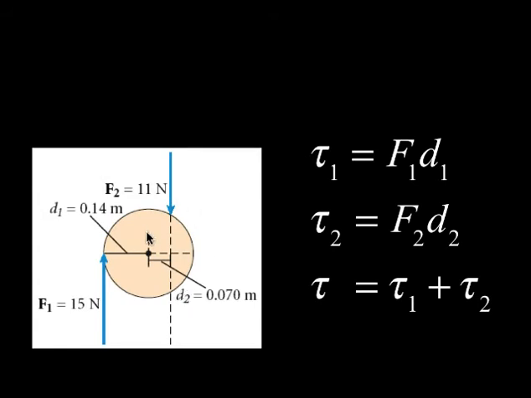Now in this case, what's the lever arm here? That would be the radius, right? The radius of this circle right here, that's your lever arm. That is the shortest distance. That's the line of the force, that's the axis of rotation. This is the lever arm. And then from here to here, this would be the lever arm because this is the line of the force, and it's also producing negative torque. So if we were to find the net torque, we would find each one of those and then just add them together. That's it for the torque.